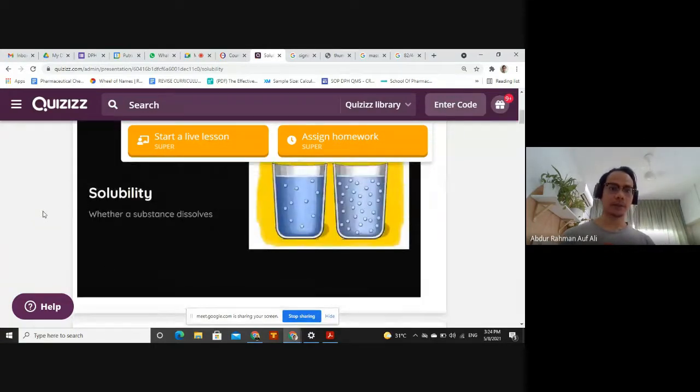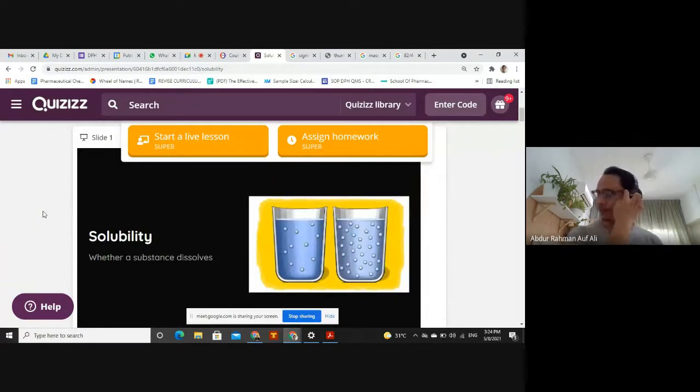So solubility is a study, it's an observation whether a substance dissolves or not.